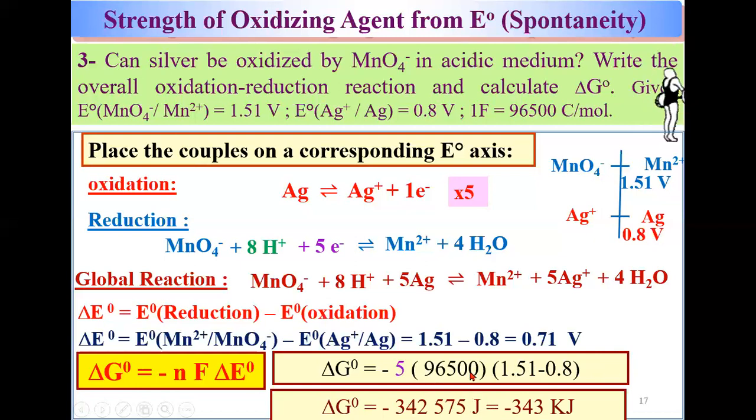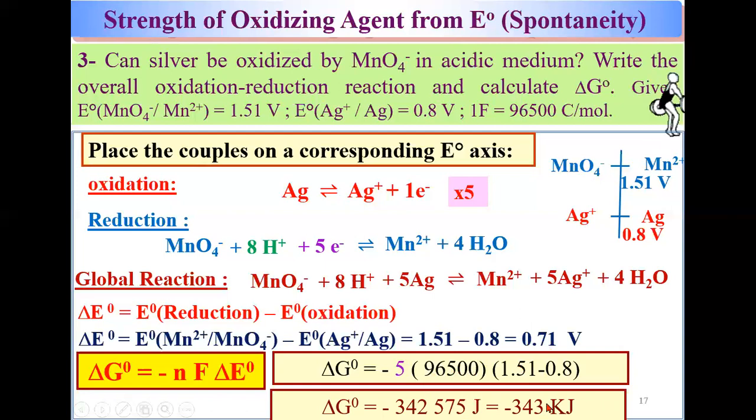Whatever number you get from here, because the Faraday's constant, go back to the units, is 96500 joules per volt per mole. So joules per volt per mole, or because joules per volt is coulombs per mole. 5 moles of electrons are transferred. The voltage is 0.71. That's V goes with the V. And you're left with joules.